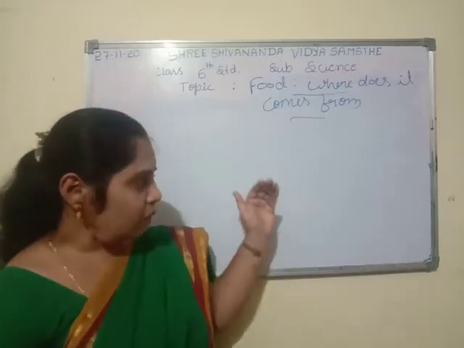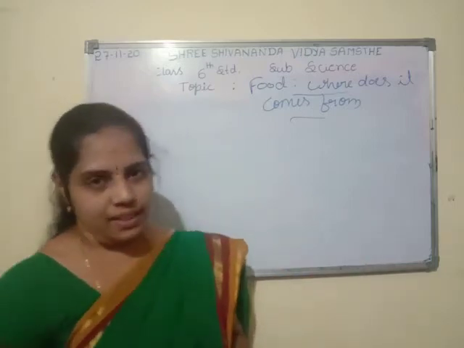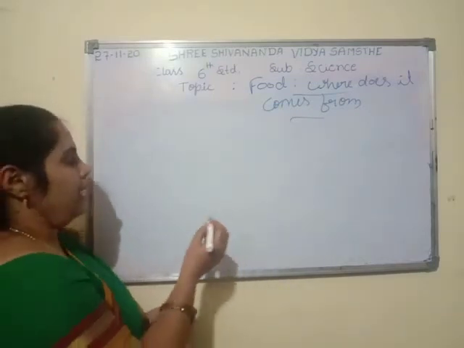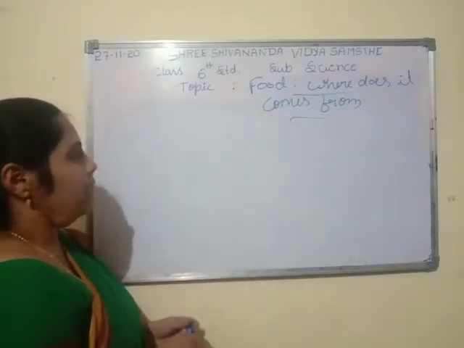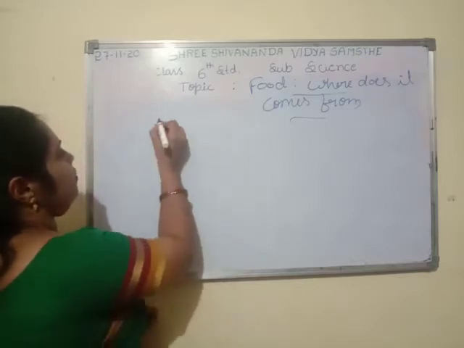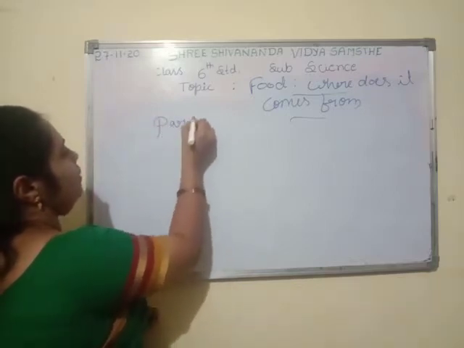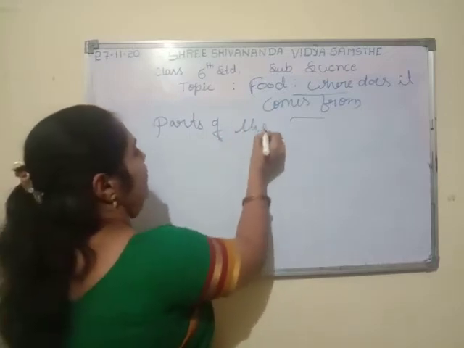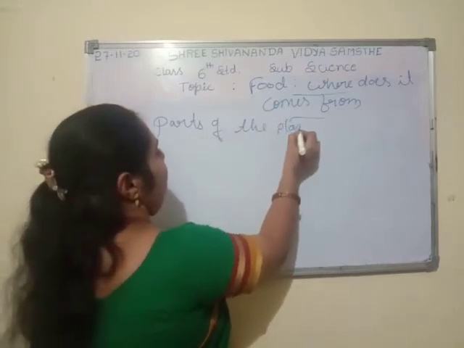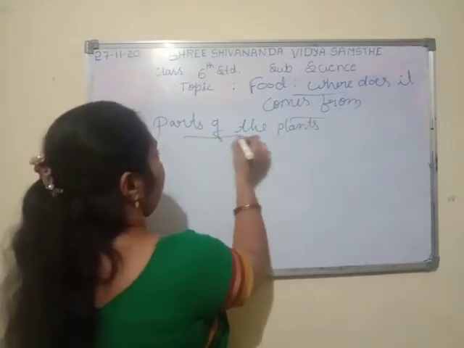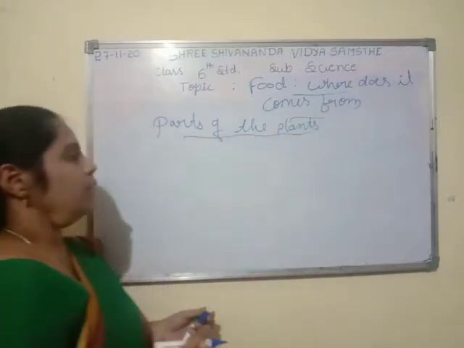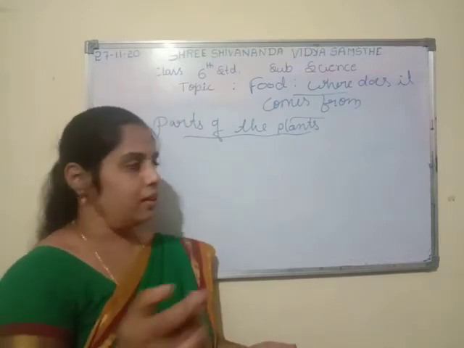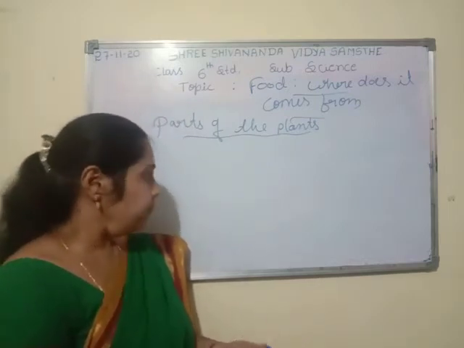Okay, so let us continue the class by knowing the parts of the plant. All of you take your textbook. Parts of the plant. You can note down in your textbook. Important points you can underline and note down there.